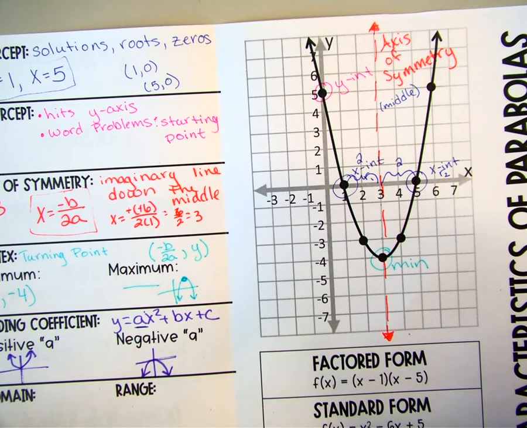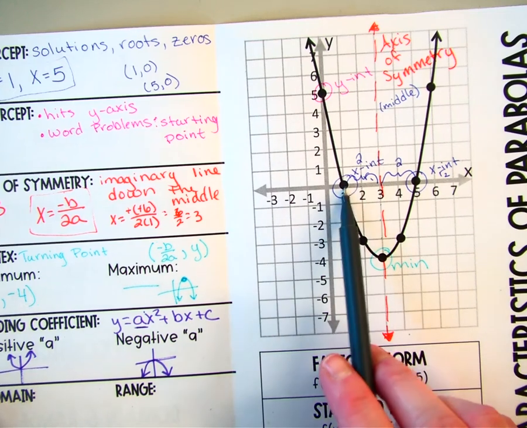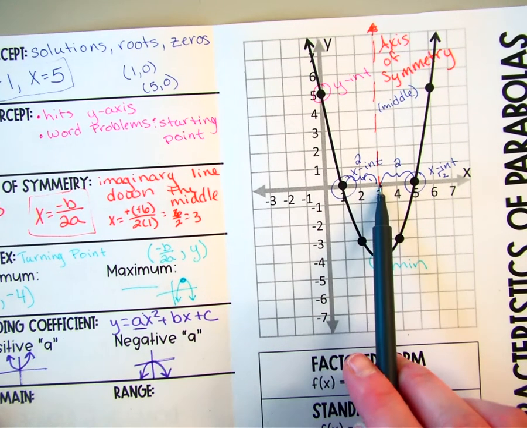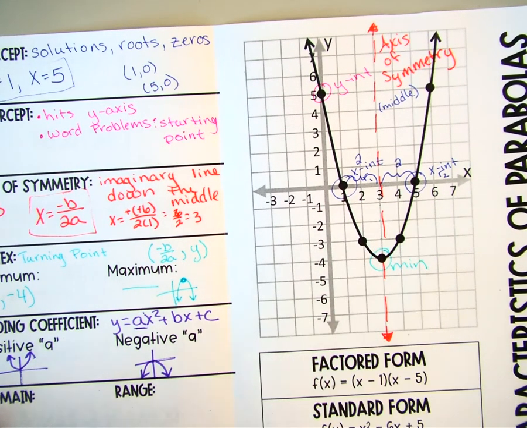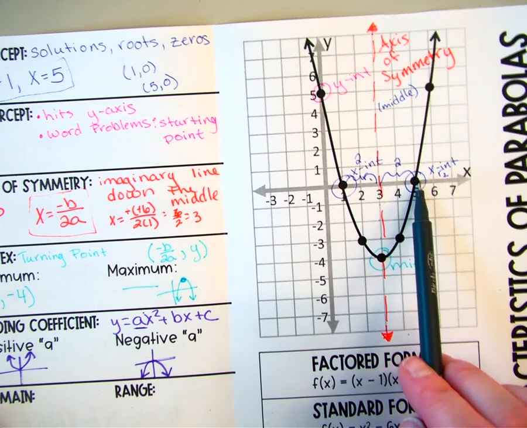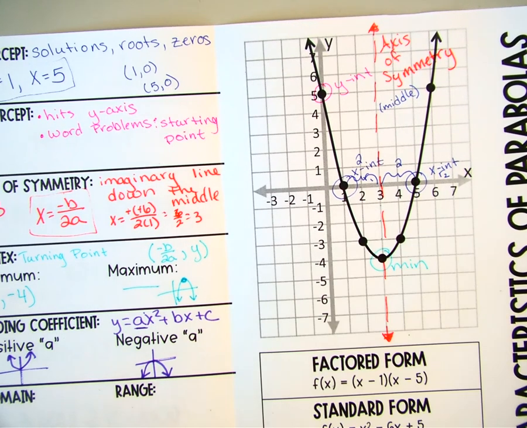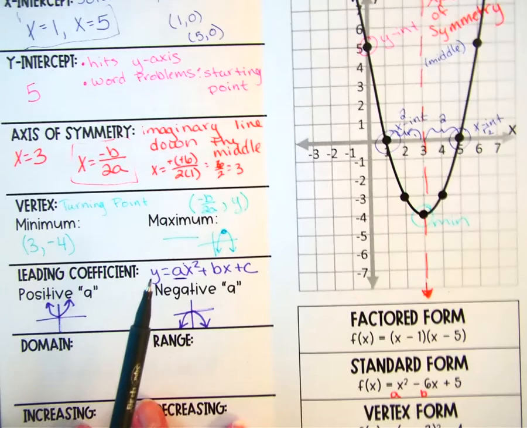So no matter where those roots are, your axis of symmetry is always going to go through the middle of them. I point that out because sometimes we have questions where they give you one root and you know where your axis of symmetry is, so you just have to be able to find your other root. And again, it's going to be the same distance away on the other side of your axis of symmetry because it goes through the middle. So that applies even to those roots.